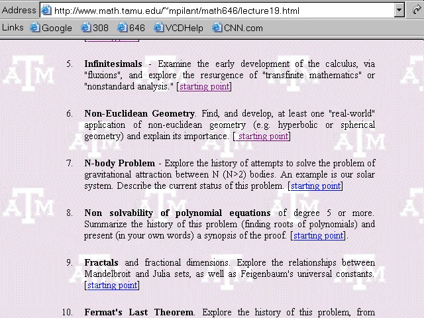A very famous problem in physics is the n-body problem, and I can actually sort of sketch out what that is.